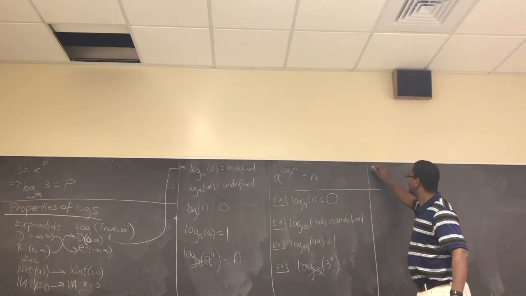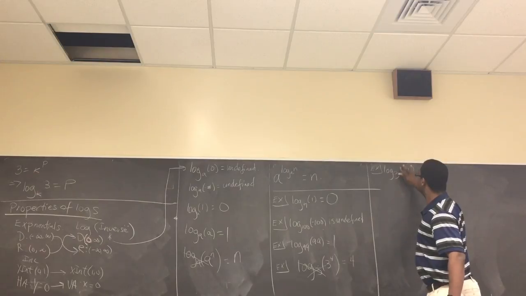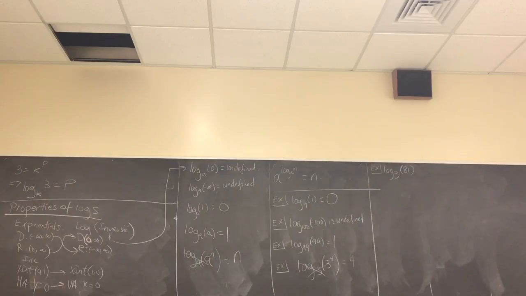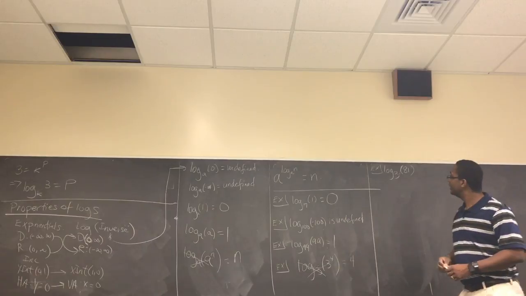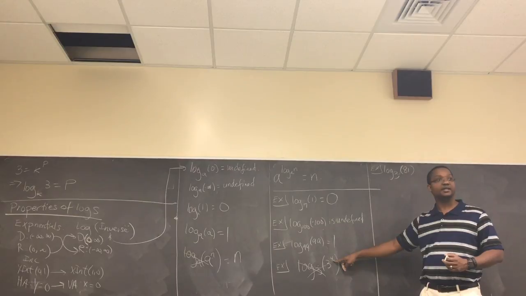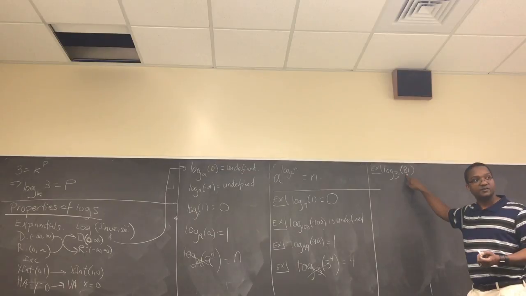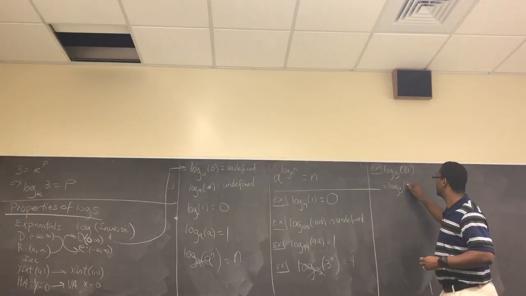What about this? Let's say I have log base 3 of 81. What's log base 3 of 81 equal to? 3 to the 4th power is 81. So instead of this, can't I simply do log base 3 of 3 to the 4th power?